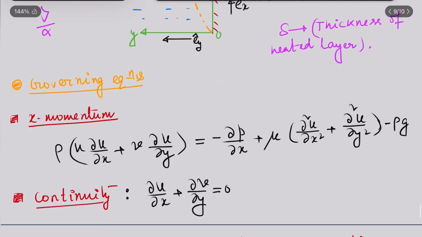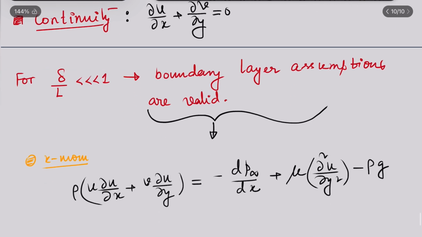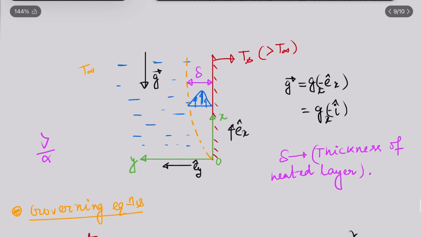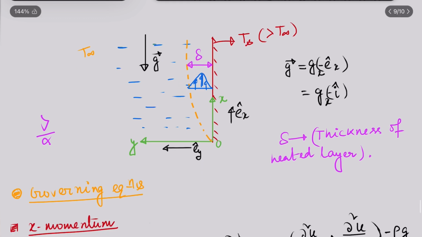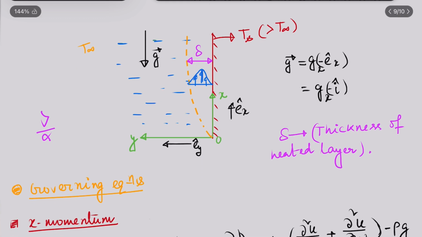So these are the governing equations, and after applying the boundary layer assumptions, we assume that this is a heated layer. I also told you that this is something broader compared to the boundary layer, that is the thermal or velocity boundary layer, and here we call it a heated layer. But we will see that based on the Prandtl number of the fluid, we can distinguish the layers for velocity variation and temperature variation.